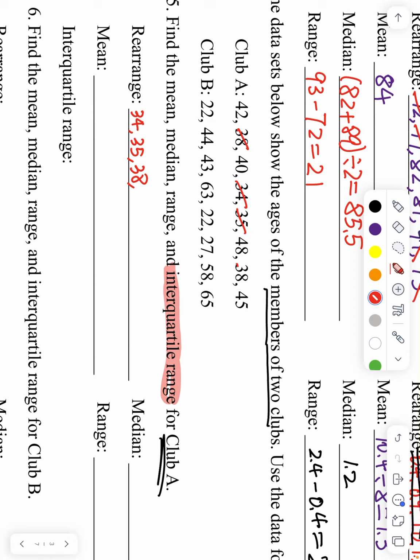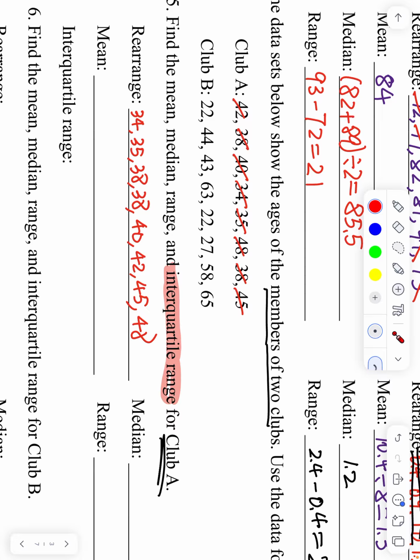We have another 38. And then 40. And what's next? 42. And then 45. And then 48. Okay, let's double check: 1, 2, 3, 4, 5, 6, 7, 8. I didn't miss any number, right?